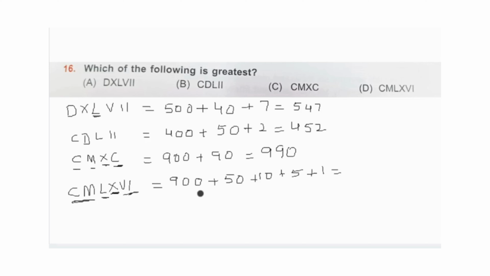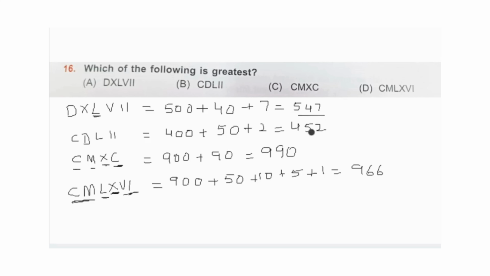Now let's add it up, which is 900 plus 50 is 950, plus 10 is 960, plus 5 is 965, plus 1 is 966.